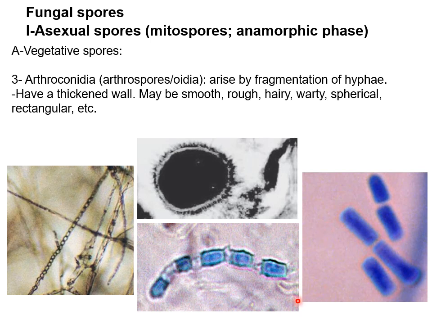You might have the rough ones, which have rough borders. Some of them are hairy, some of them are warty, and some of them just remain in chains along the hyphal filament. So again, it's just fragmentation of the hyphal filament that results in the formation of these arthroconidia or arthrospores.